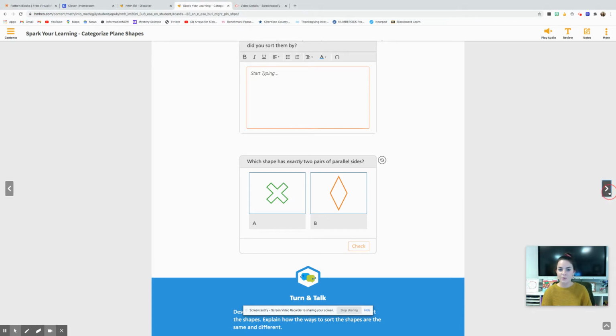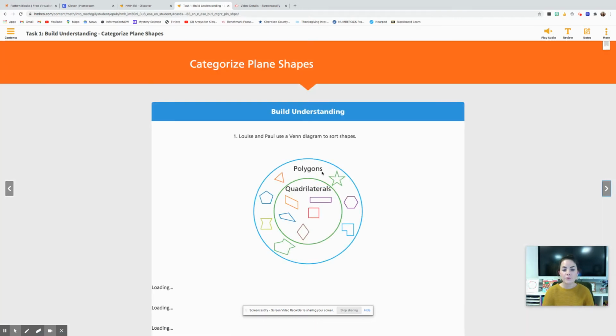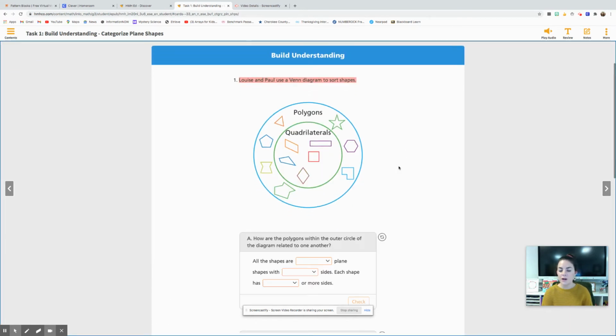That kind of gets our brains warmed up to thinking about the shapes that we're learning about. Now, right here, I'm showing you what we call a Venn diagram, okay? This is a Venn diagram that Luis and Paul used for those shapes we just looked at. And this is a way of sorting things based on certain characteristics. So inside the first green circle are only shapes that are quadrilaterals, okay?